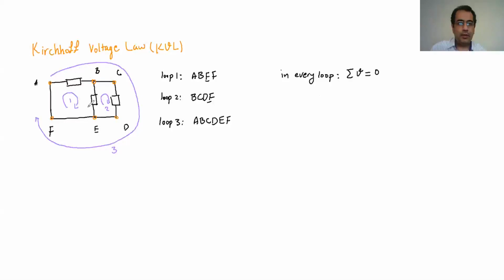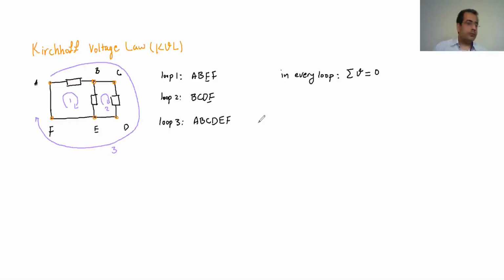So if I add all the voltages in the loop A, B, E, F together, it's going to be 0. The same for the second loop, and the same for loop 3. Regardless of which loop I choose, the sum of the voltages is 0.